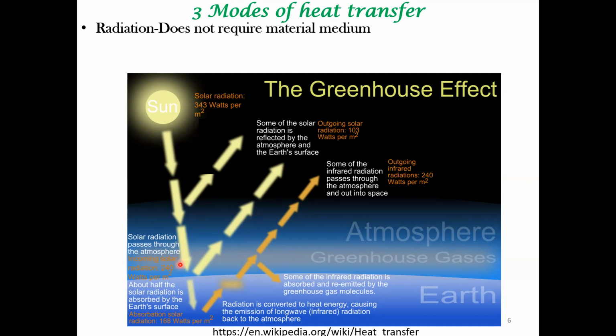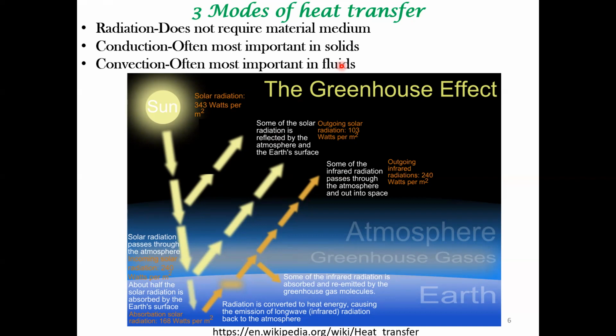All right, and so when it reaches this region, let's say it has reached the Earth's surface, there can be thermal energy transfer by conduction. That is most often important in solids. We'll see why it is so. And then there can be a third mode called convection. This is most often important in fluids.